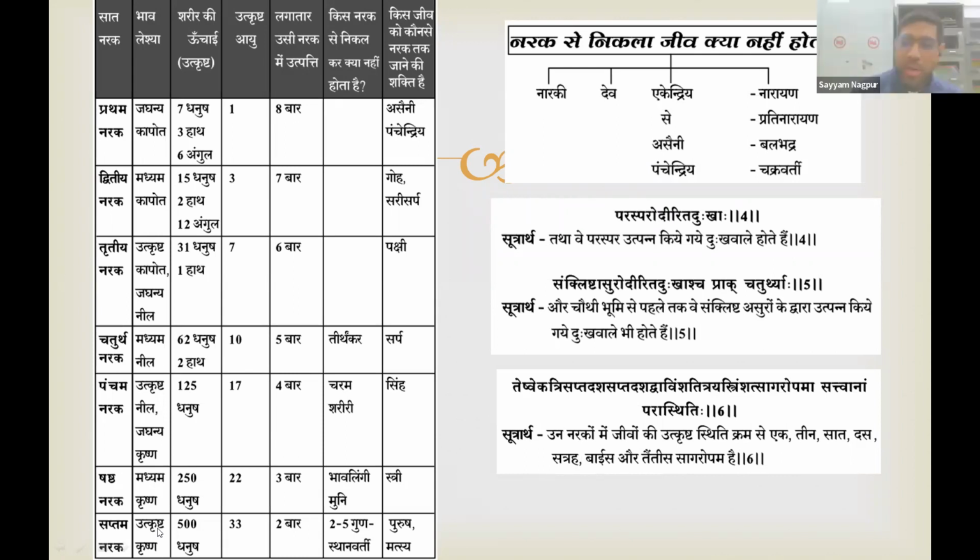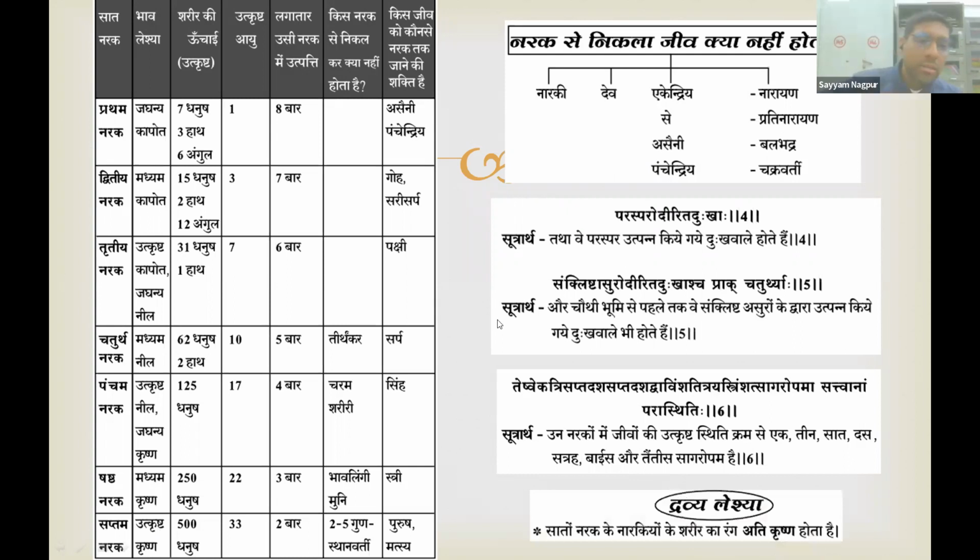Bravo. Well done. So this 6th sutra only tells us that the ages of these narkas, the highest ages that somebody can attain in these narka lands is respectively 1, 3, 7, 10, 17, 22, and 33 Sagaropam. This is what is mentioned in sutra number 6.